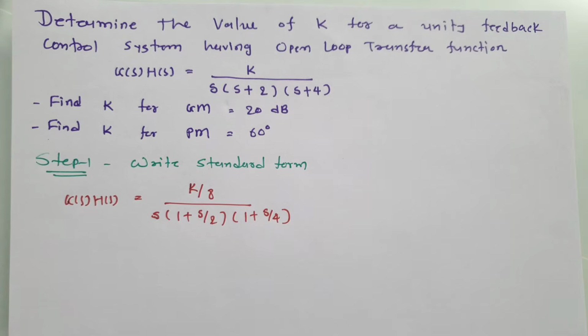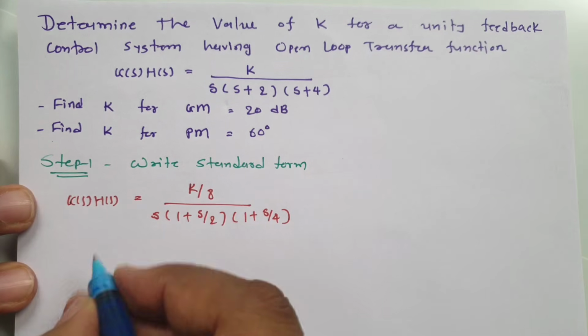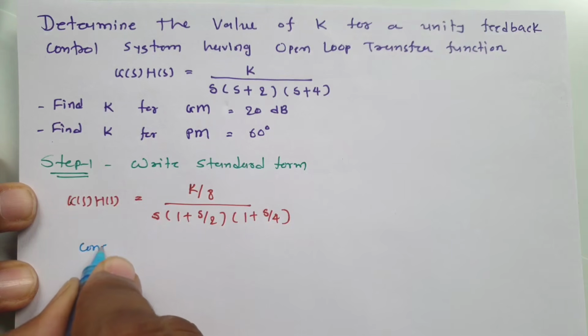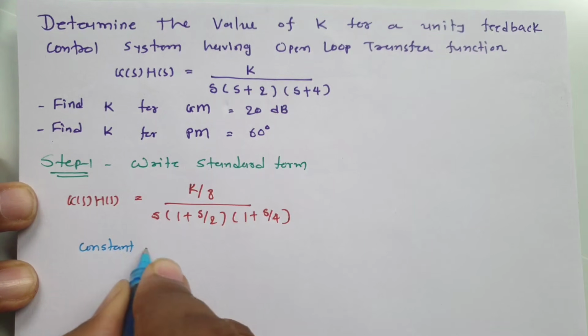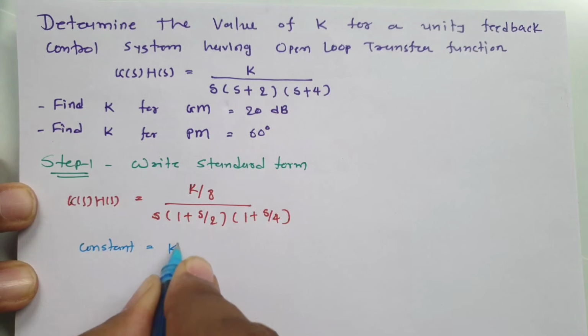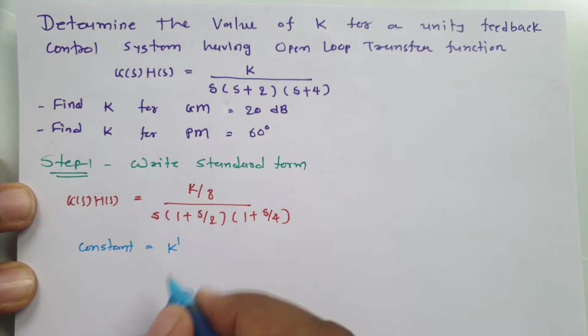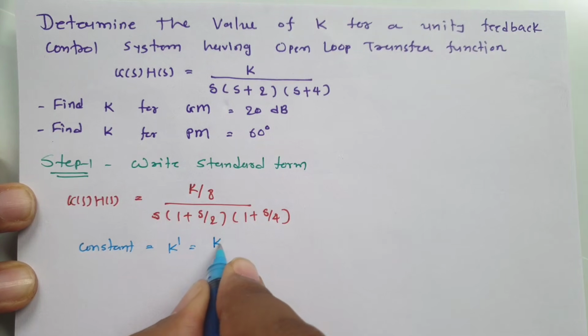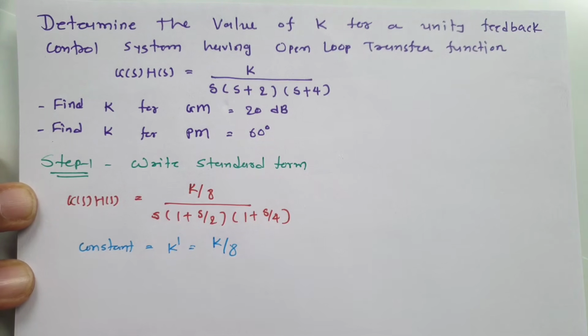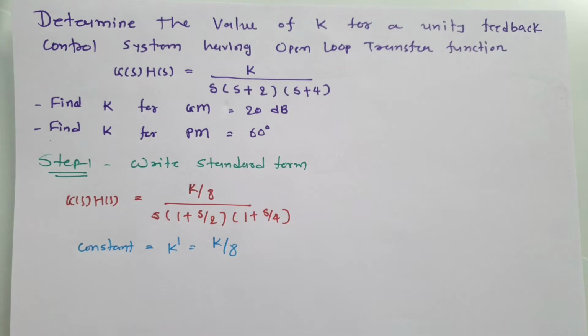Let us consider our constant is K dash. As K is already used, K dash is equal to K divided by 8, right? Now the second step is to find the slope of the first line.